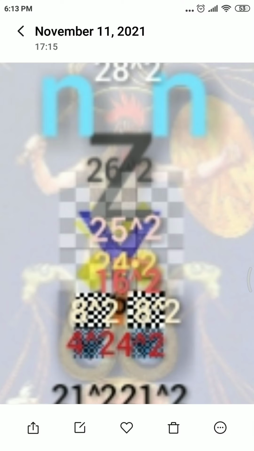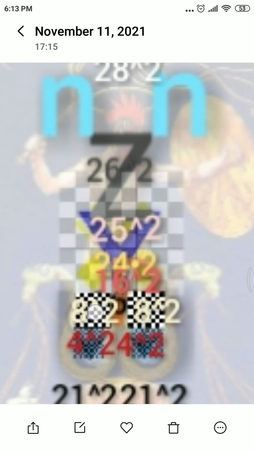So the sun and earth both represent 8 squared. This is a combination of sun and earth. That is why the chessboard has 8 black and 8 white squares.